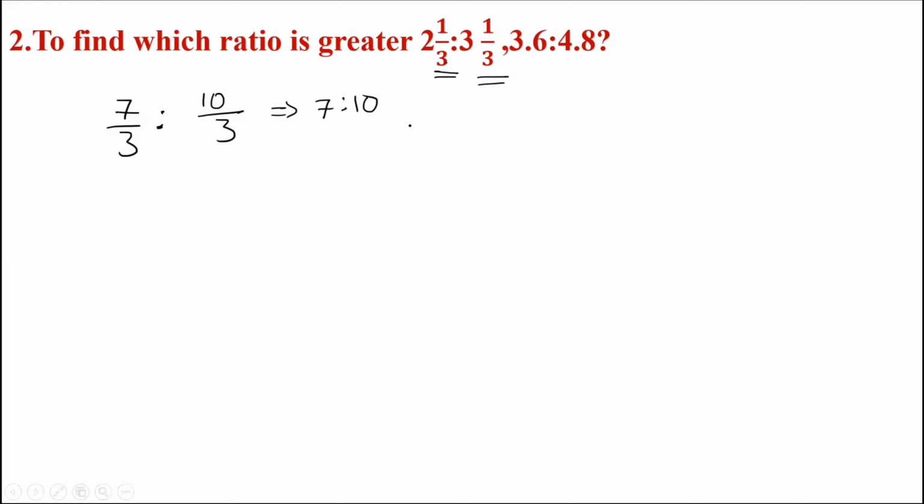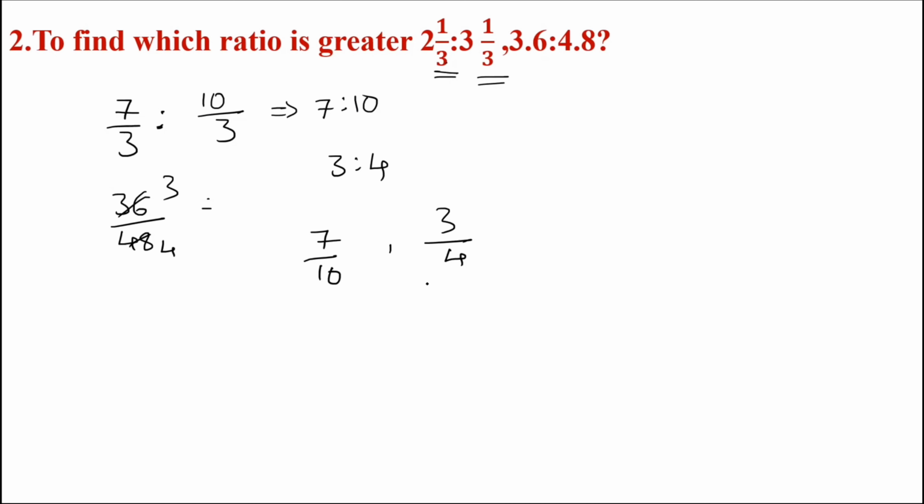Next is 3.6 and 4.8. So 36 by 48. 12 threes are 36, 12 fours are 48. So this ratio becomes 3 is to 4. So the first ratio becomes 7 by 10, and the second ratio becomes 3 by 4.